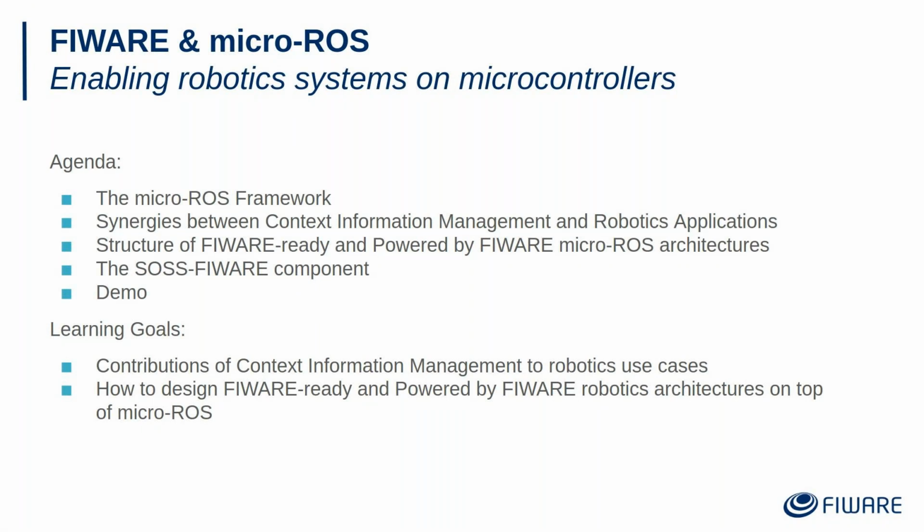In particular, in these architectures, the SOSS-FIWARE component plays a key role because it is the agent that connects the micro-ROS ecosystem with the FIWARE ecosystem. So we will cover this component with more detail. And then I will present a very basic demo of work in progress we are doing in order to showcase this integration.